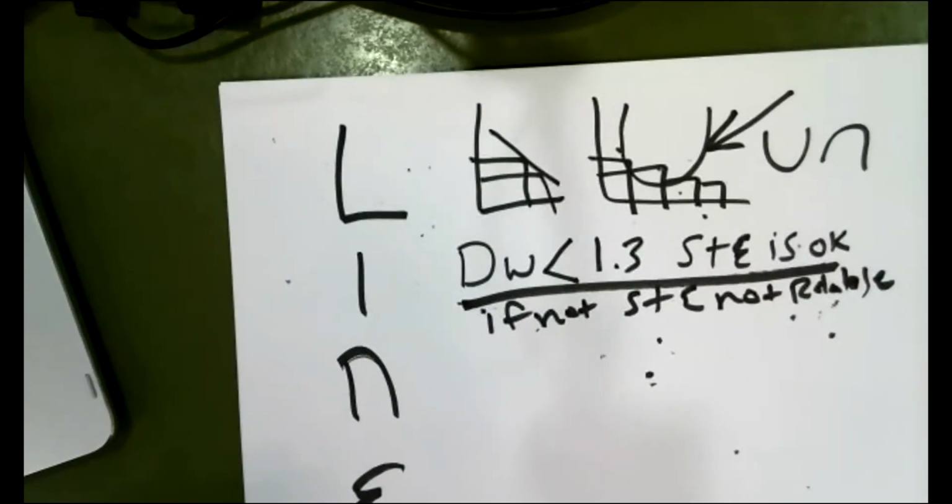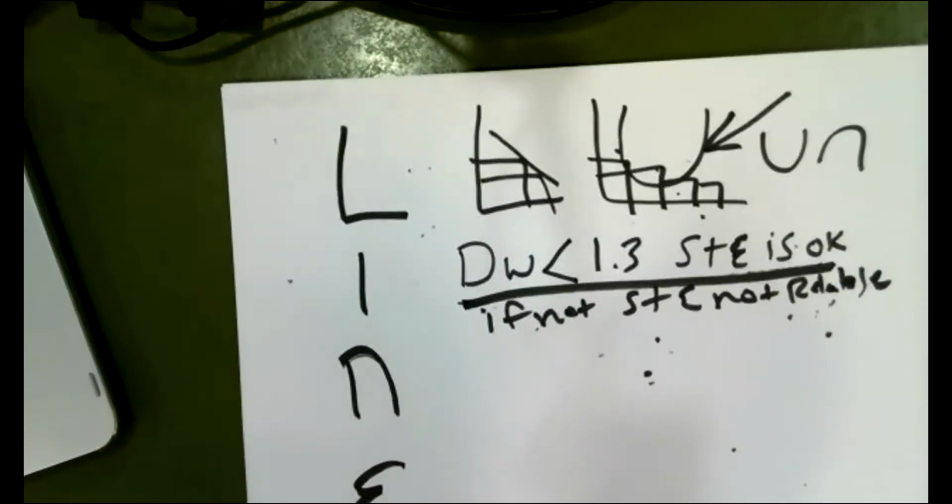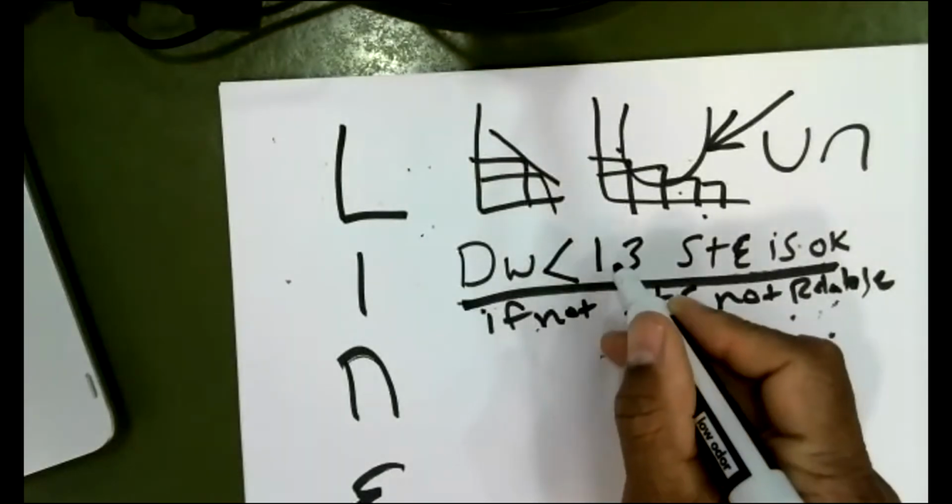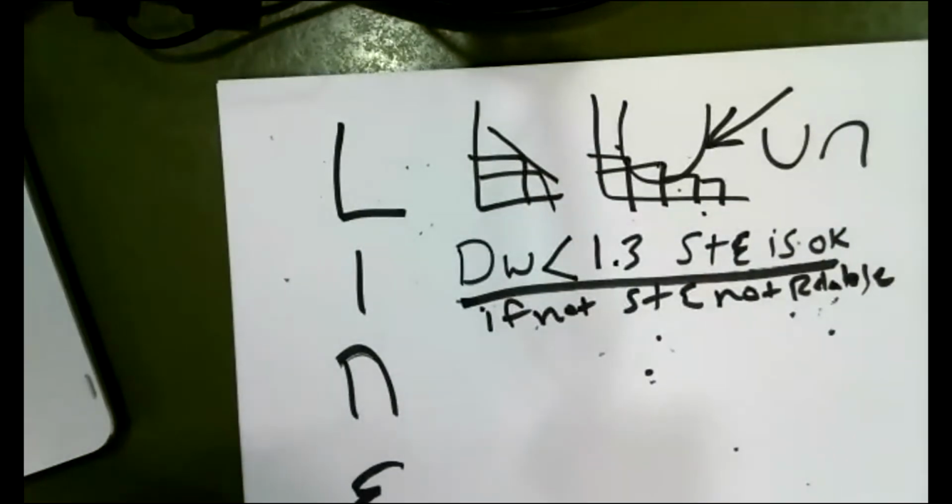Professor, would you say if the Durbin-Watson is above 1.3, that means the variables are dependent? No, if the Durbin-Watson is above 1.3, that means that we are independent, and that means that our standard error is okay in this model.